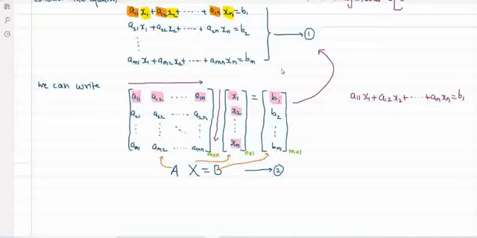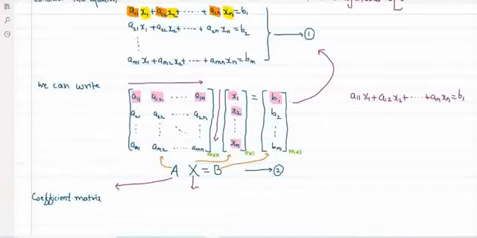denoting as A, and that matrix is called a coefficient matrix. Now the second one, this matrix is called a matrix of unknowns.